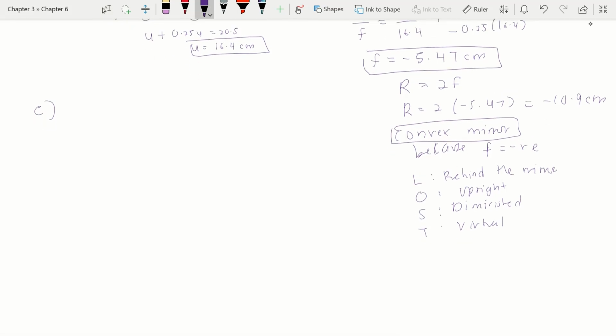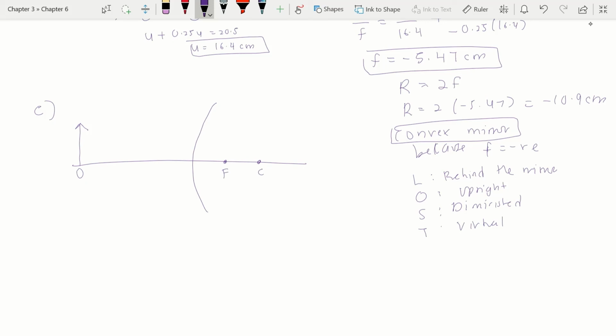Okay, now we already got the information. What mirror will we use? We will use a convex mirror. And the object is of course a real object. The object is here. We know for a convex mirror, the focal point and the center of curvature are behind the mirror. Okay, now let's start.